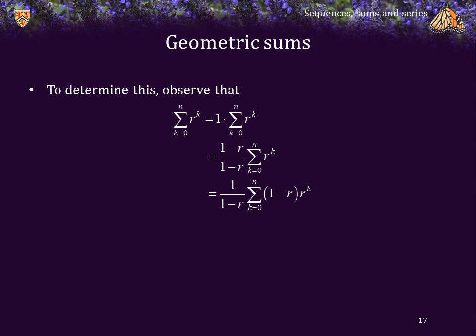Now, inside the sum, we have 1 minus r times r to the k. Well, I can just expand that out to get this difference, and that difference is just r to the k minus r to the k plus 1. Now, you may recall that the sum of two terms is just the sum of the first term plus the sum of the second term.